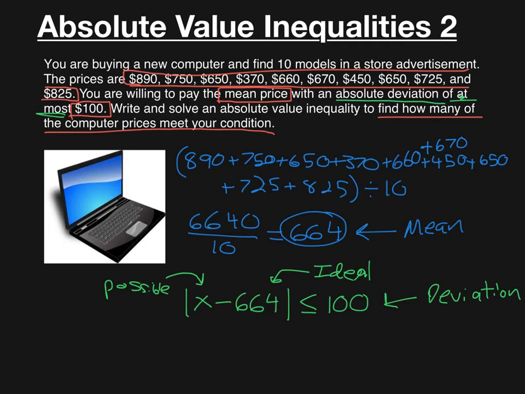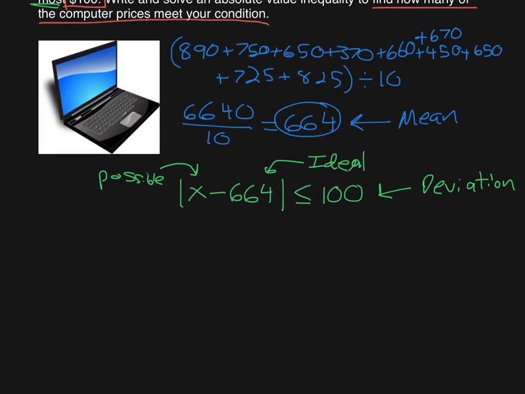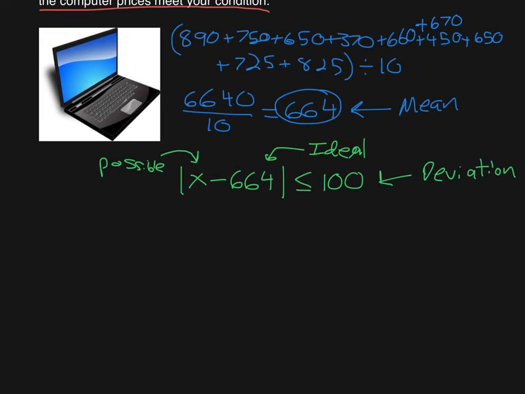Now, to solve this inequality, we're going to have to rewrite it. So I can rewrite this as a compound inequality. Since this is less than or equal to, this is going to be an AND inequality. So we have x minus 664 is less than or equal to 100.